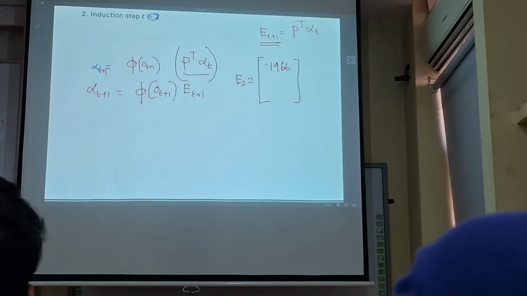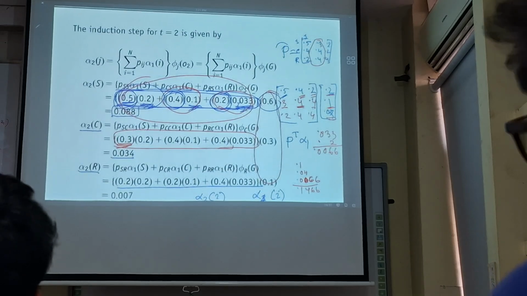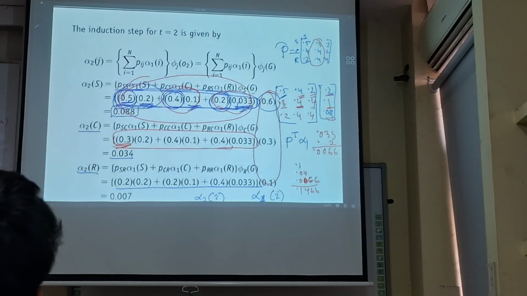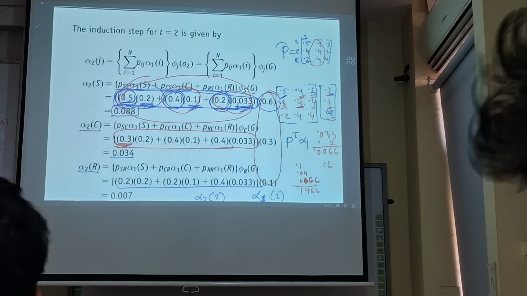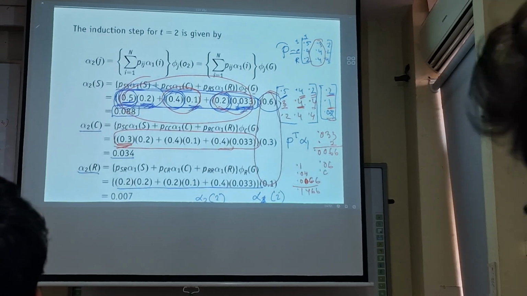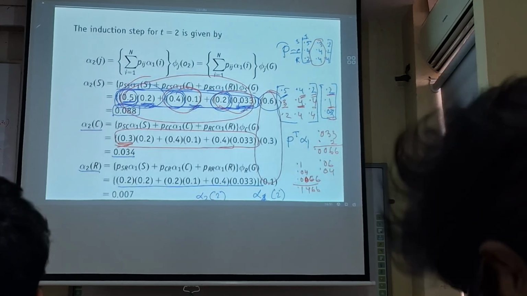Then the next entry will be this one multiplied by this one. This is 0.6. This one is 0.06. This one is 0.04. And this one is 0.0.